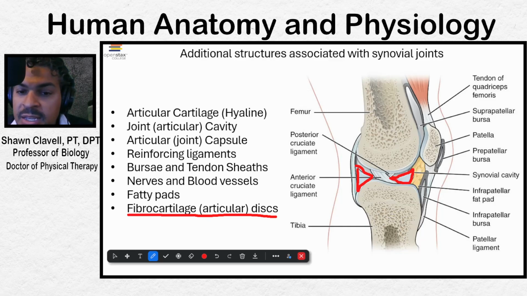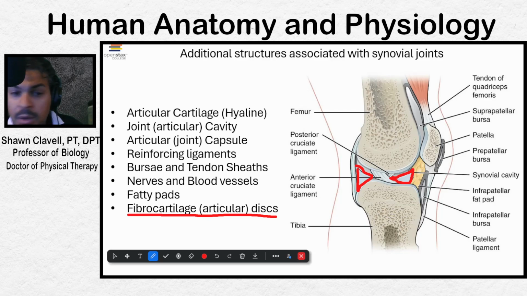What we're seeing is that you've got these fibrocartilaginous pads of the menisci, but you've also got a fibrocartilaginous ring in your shoulder, which is referred to as the labrum. It deepens the socket just a little bit so that it holds the humerus in place. There's a labrum as well in the hip.